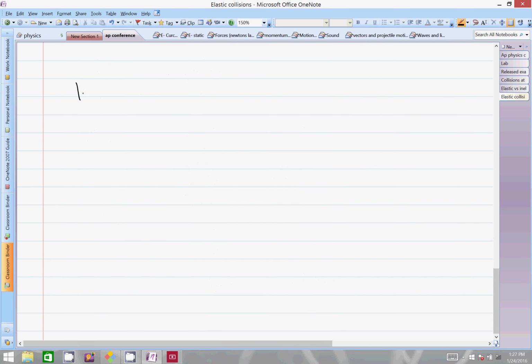So kinetic energy initial is 1/2 mv squared. Now again, initially we have the neutron and the helium particle. Since the helium is not moving, it doesn't have any kinetic energy. This is 1/2, the mass of the neutron is 1, and then 3e to the 6th squared. This would give you your total kinetic energy before.